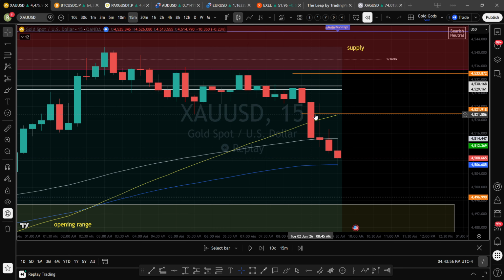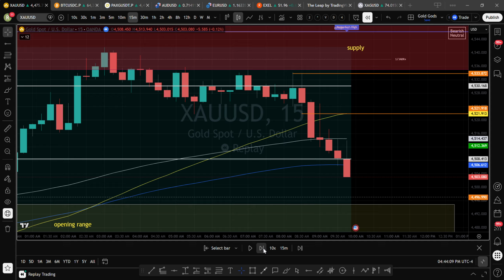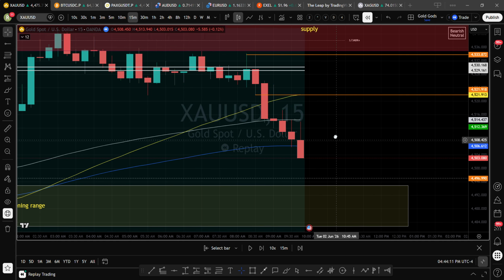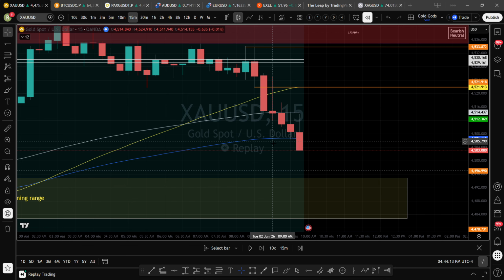We managed to get the train here because this wick came back up and hit it. So we're down here in profit. Let's go. Boom. Strong close. And now on the 15, we are below the yellow, the white, and the blue moving average. Next candle.